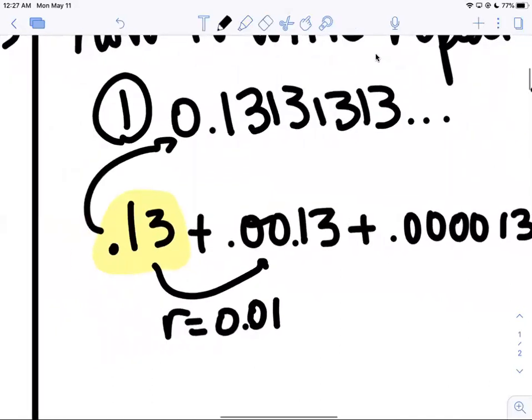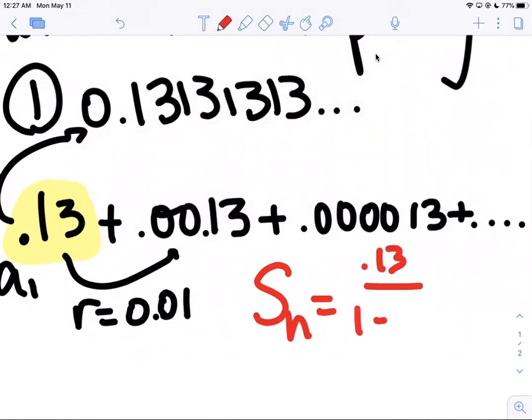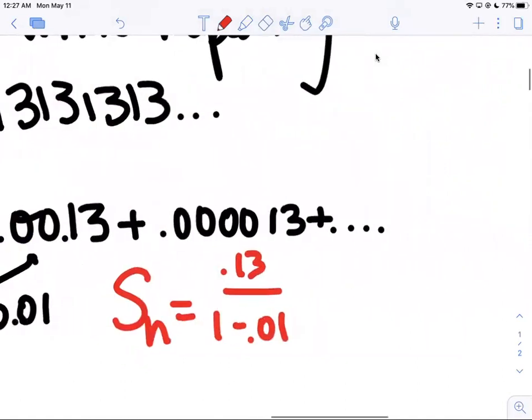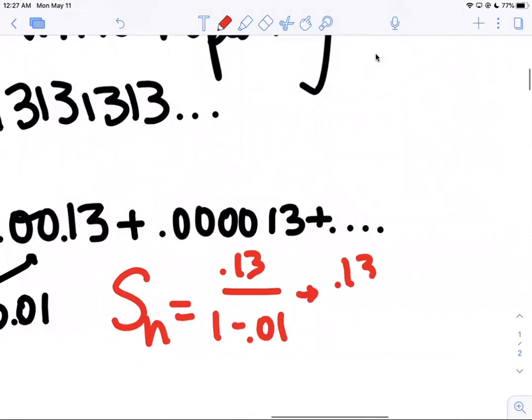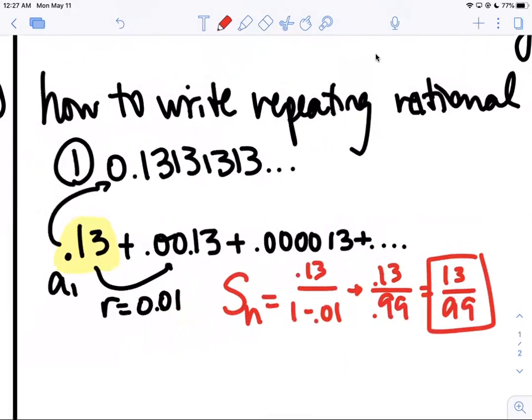So that's my r, this is my a sub 1, and I'm going to plug that into my formula. S of n equals 0.13 over 1 minus 0.01, so 0.13 over 0.99. They're both decimals, so let's make them whole numbers. Move that decimal 2 places, move that decimal 2 places. 13 over 99. If you don't believe me, throw it in the calculator to check.